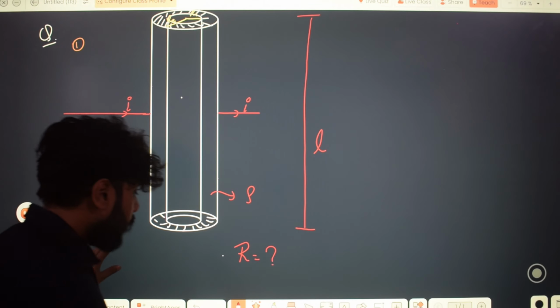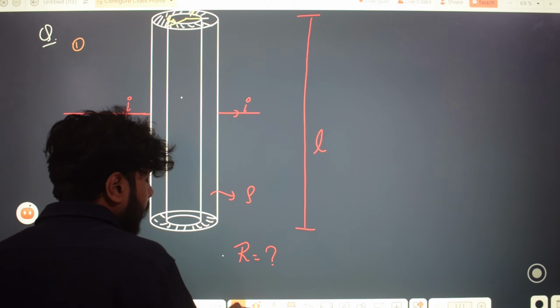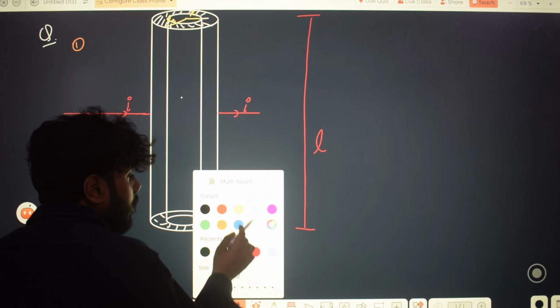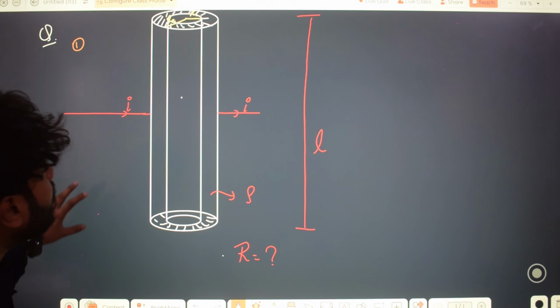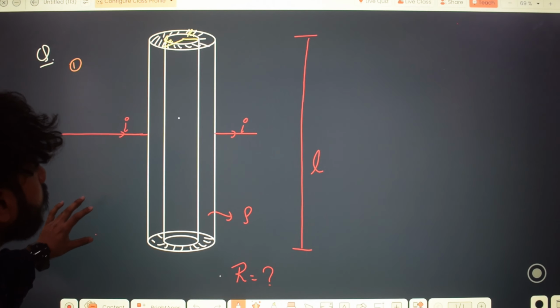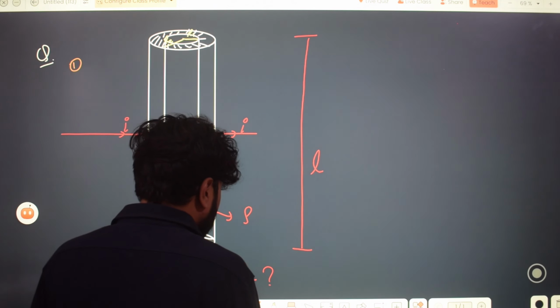Okay, now see how we can do this question. I'll give you the fair idea. I'll not solve this question entirely because this question is fairly easy, so I don't think I should be solving it completely.